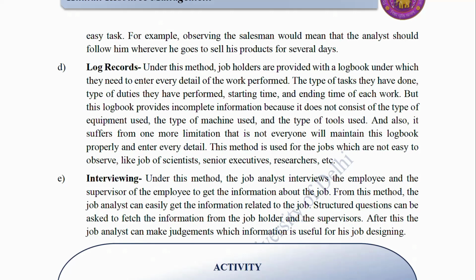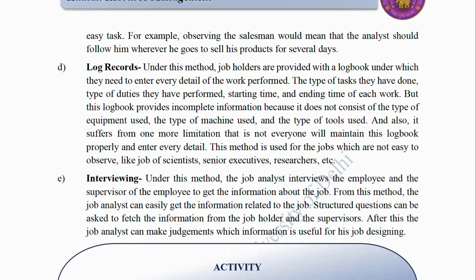Fourth, log records. Under this method, job holders are provided with a logbook in which they need to enter every detail of the work performed, the type of task they have done, type of duties they have performed, starting time and ending time of each work. But this logbook provides incomplete information because it does not include the type of equipment used, the type of machine used, and the type of tools used.